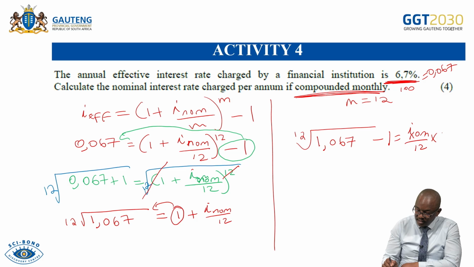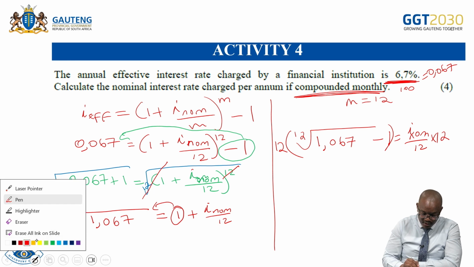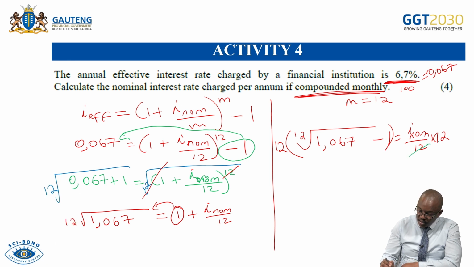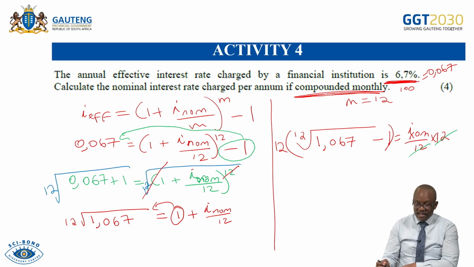So we multiply both sides by 12 to remove our denominator. So now our denominators will cancel each other there.